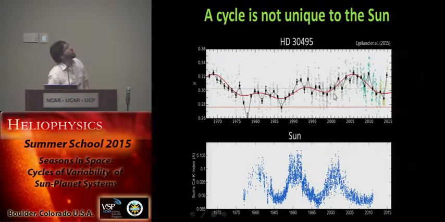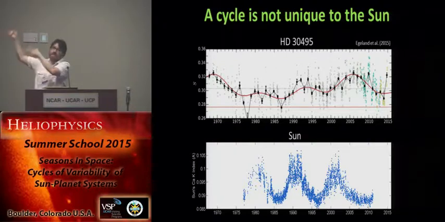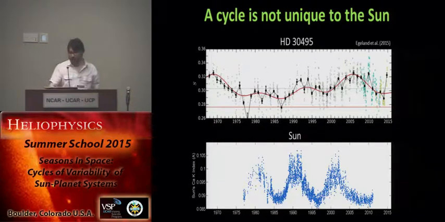Of course, you have a much better cadence. You can see that there are significant gaps in the observations of these stars, because people look at them for a week, and then look at other stars, and a couple of months later come back. But basically, these dynamos are not unique to the sun.